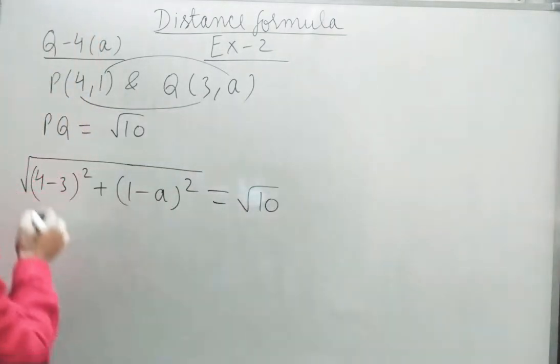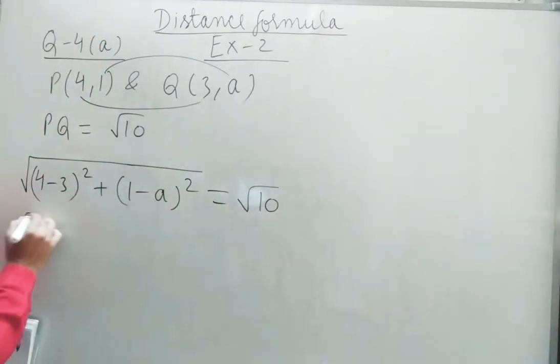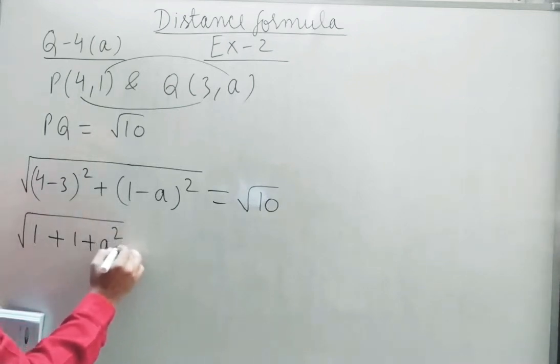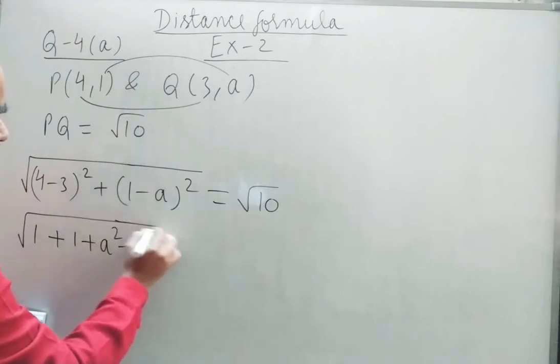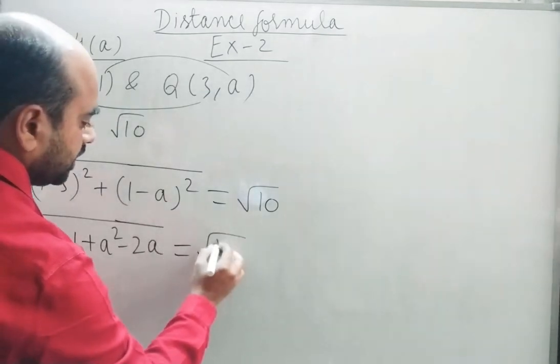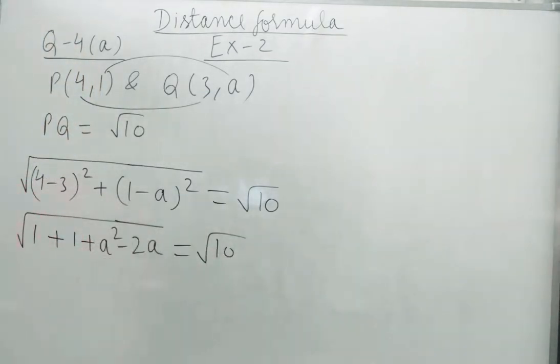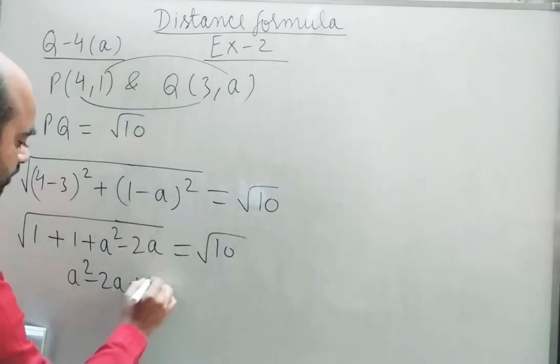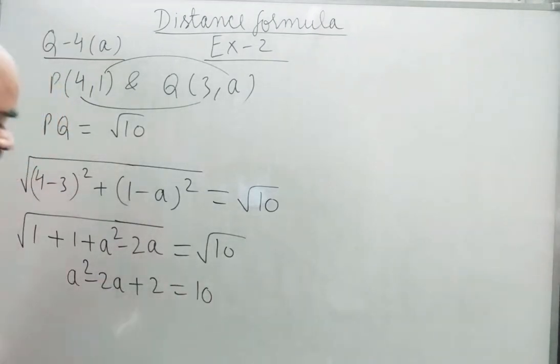This is given. So this will become what? Root of 1 plus 1 plus A square minus 2A is equal to root 10. Now both sides have a square root. We can square, then the square root will vanish. So what is left? A square minus 2A plus 2 is equal to 10.